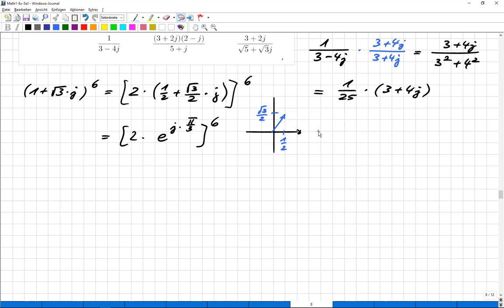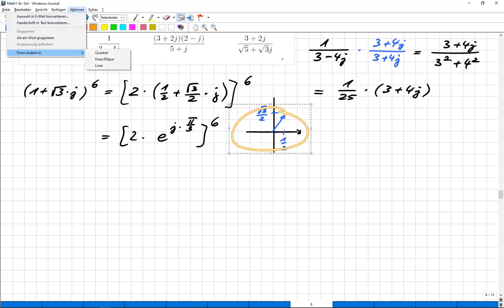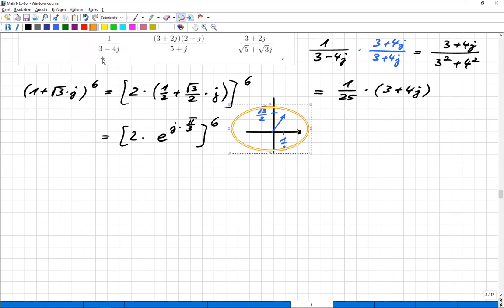What I'm talking about is that I have the unit circle around here. And if you are familiar with the geometry of the circle and then the connection to sine and cosine, you know what it's all about. Roughly speaking, that's what I wanted to transport to you.